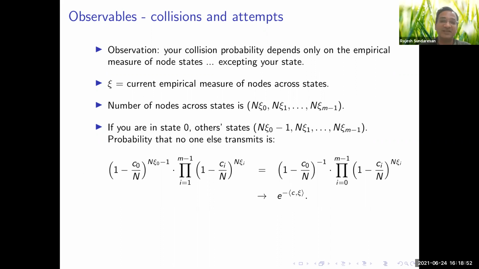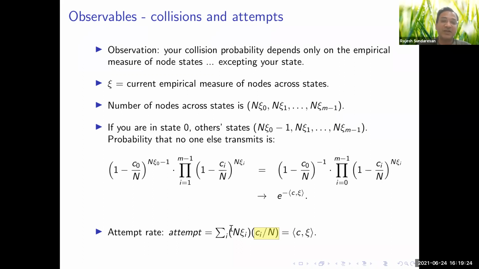It's e to the minus the inner product between C and xi. The inner product also has an interesting interpretation. You can think of it as an activity parameter. In fact, it's the expected number of attempts in the slot, because the inner product can be written as the summation over i of xi i ci, and we just multiply and divide by n and recognize that n xi i is the number of individuals in state i, and ci by n is the attempt probability for each of those nodes.